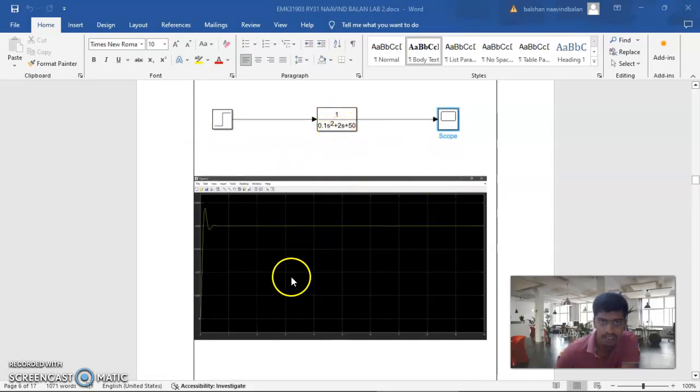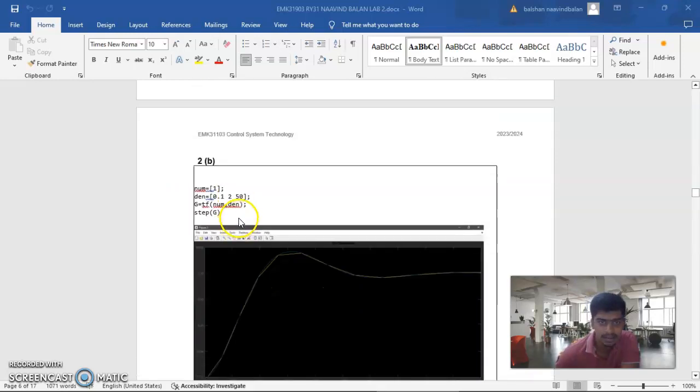For the answer, there will be some overshoot and then it settles to steady state after a few seconds, at about 0.8 or 0.6. Before that there is a step.